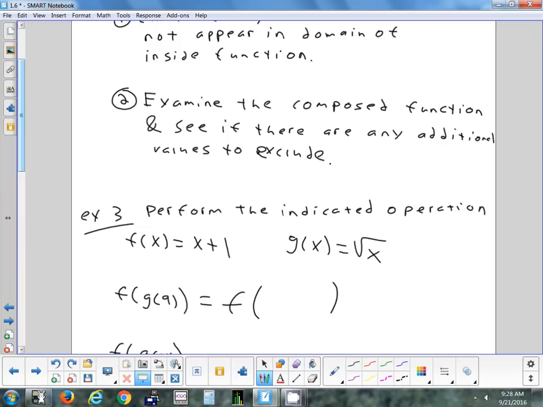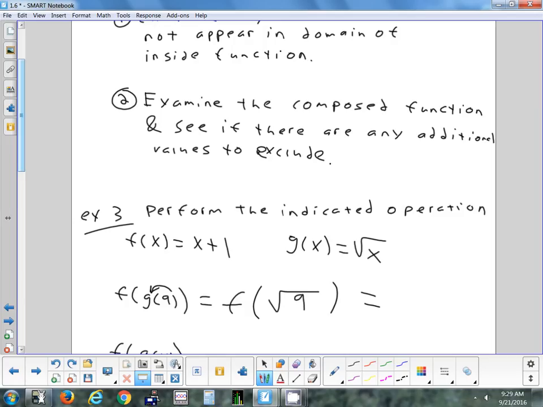Careful, we're not multiplying by 9. This is composition, so even though we have things next to each other, it's not multiplication. It's not f times g. Not quite, so the square root of X. And what are you plugging in for x? 9. So step 1 is to take what you see inside the parentheses, 9, and plug 9 into function g.